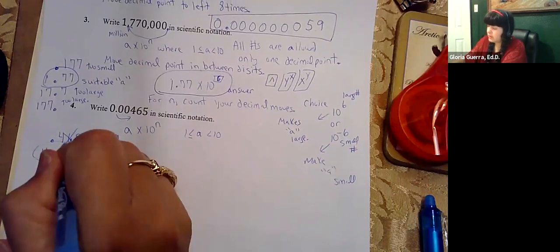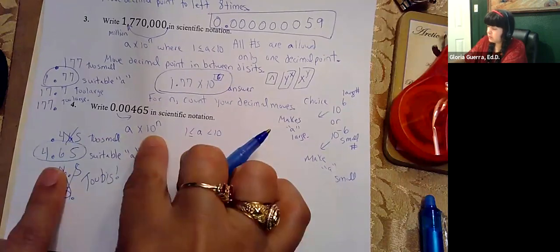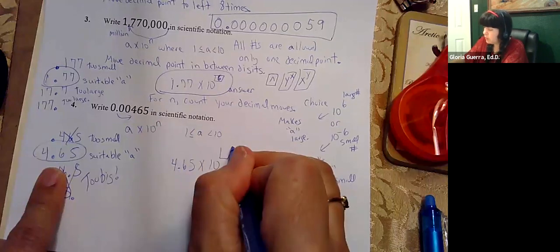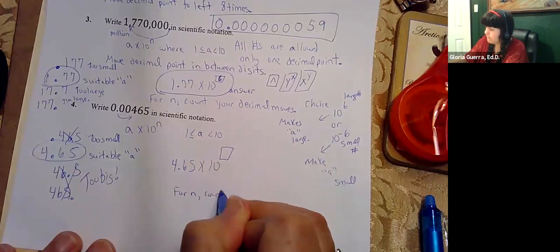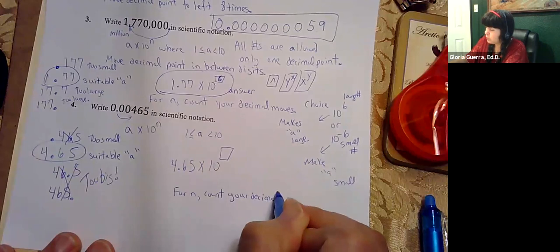So your A times 10 to the n, your A is 4.65 times 10. Now you need an n. So for your n, you do need to count your decimal moves.